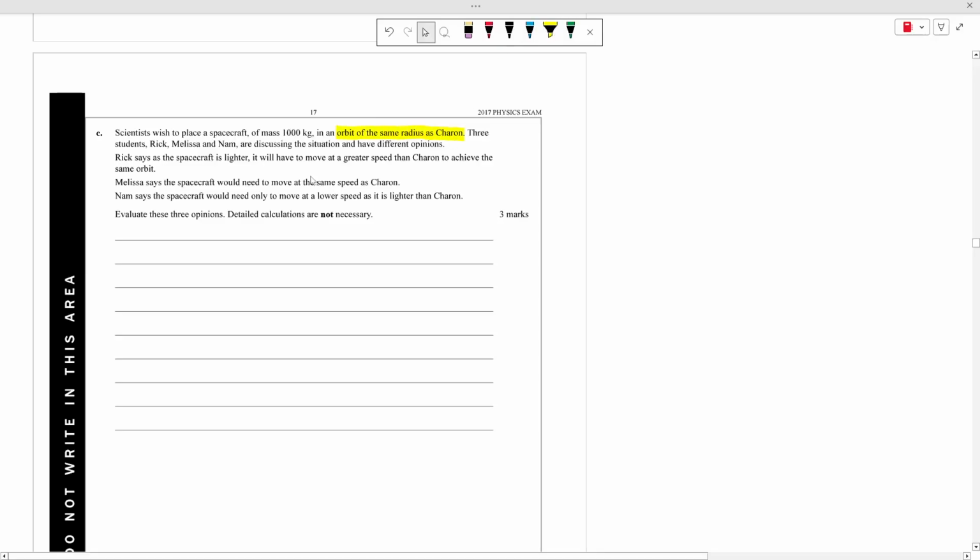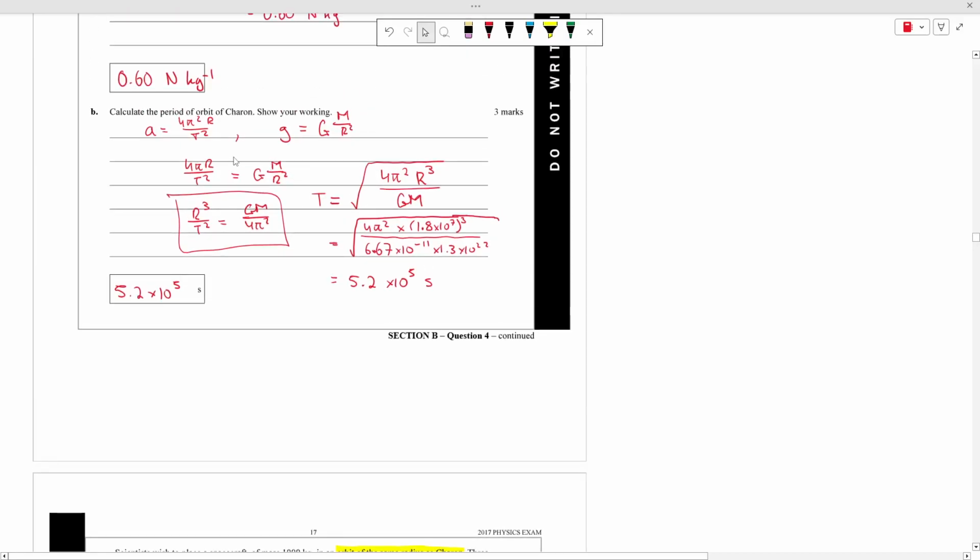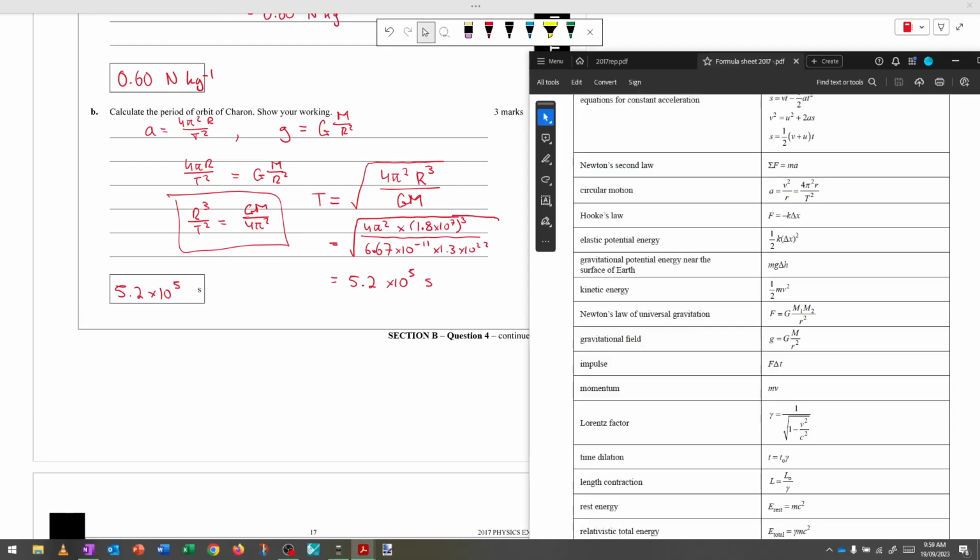Now, if we go up to here, actually not there, it's on the formula sheet. Okay, so the formula sheet says if you're in circular motion, then this is a true statement here. So v squared over r equals little a, but we also know little a is equal to little g, when we're talking about gravity.